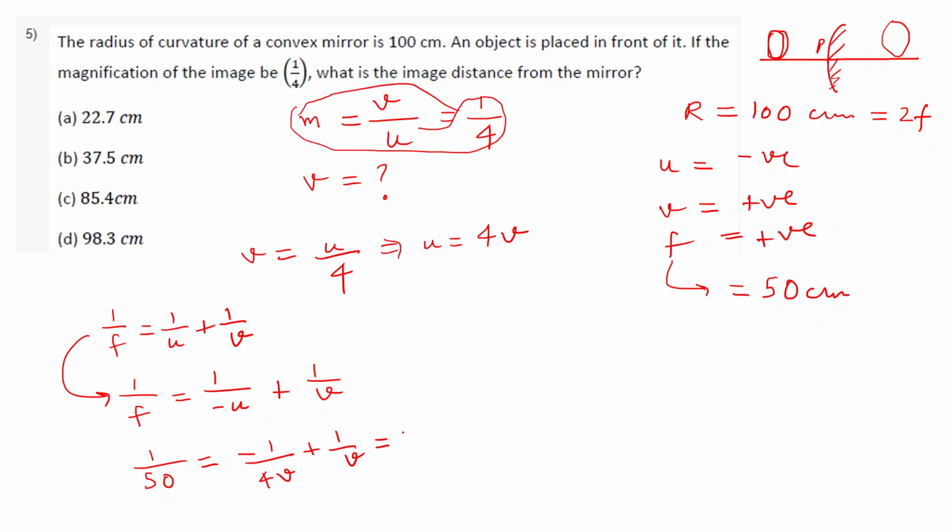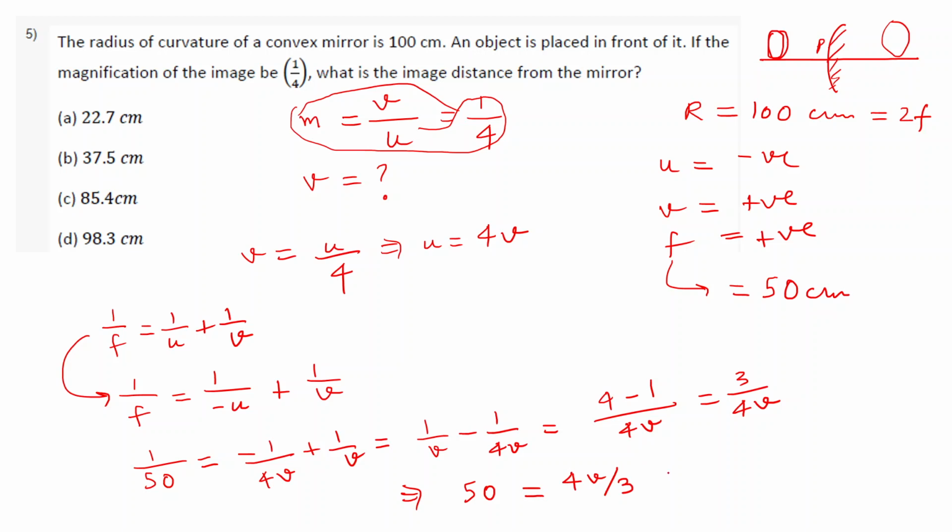So 1 over v minus 1 over 4v means I'll get 4 minus 1, that is 3 divided by 4v. When I take the reciprocal on both sides, I'll get 50 is equal to 4v by 3. This will be 3 times 50 divided by 4 is equal to v.